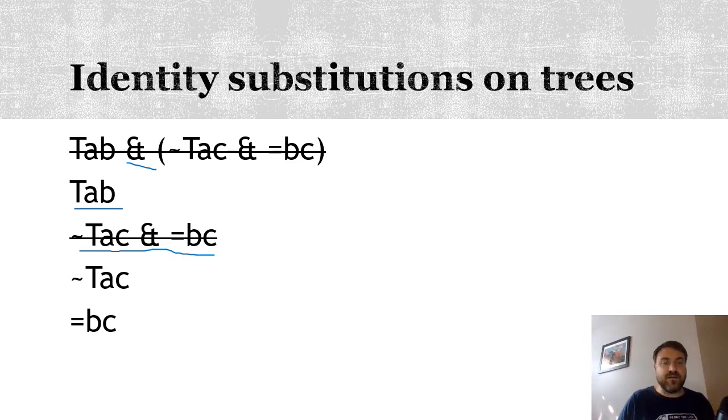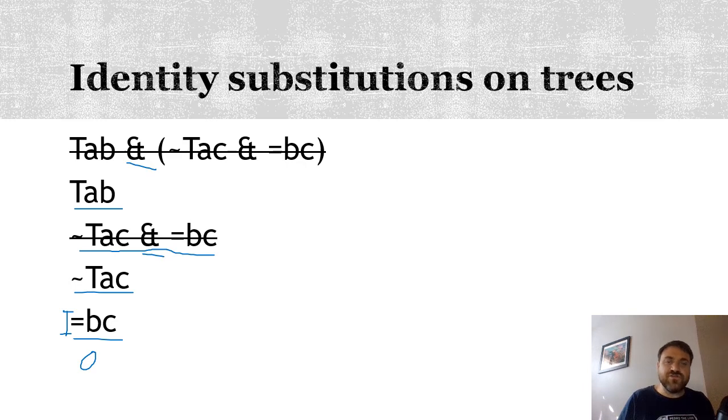And then, of course, because that's a conjunction, you just split that up. It also doesn't branch into not TAC and equals BC, right? B and C are identical. So ordinarily, if we were just putting a capital I in here, right, then this tree would just stay open, right? Because there's not something and its negation up on this tree.